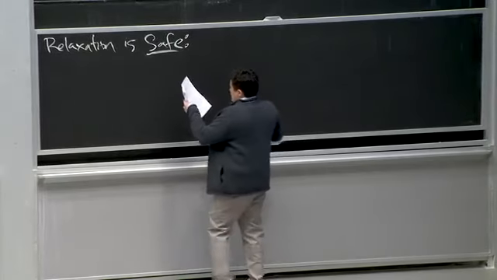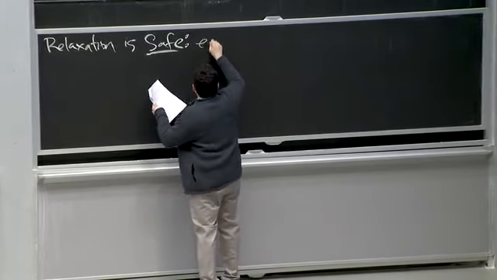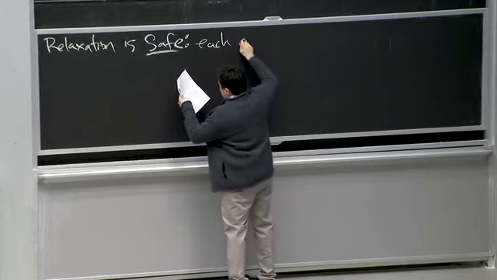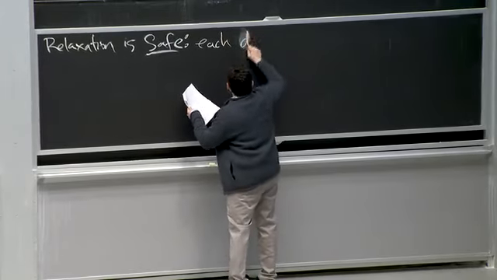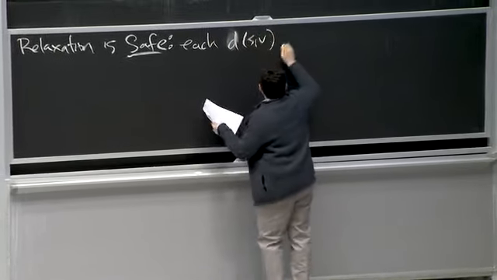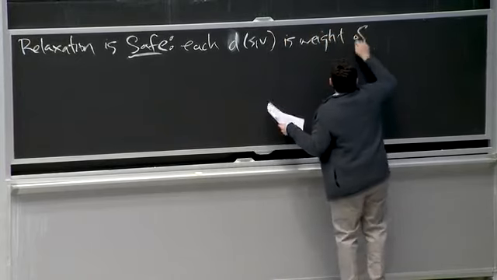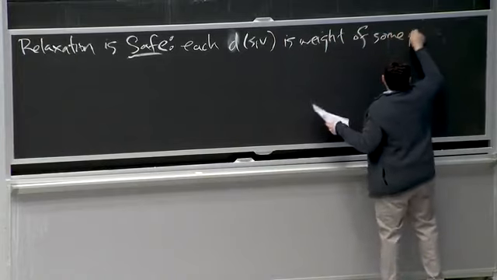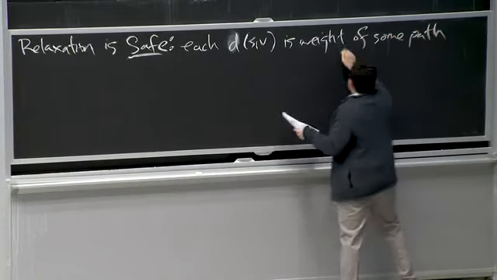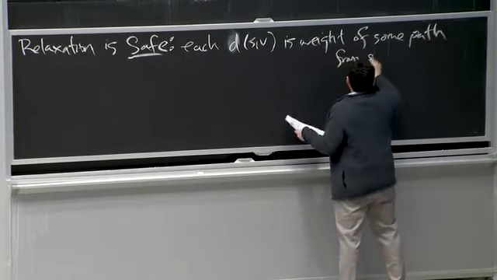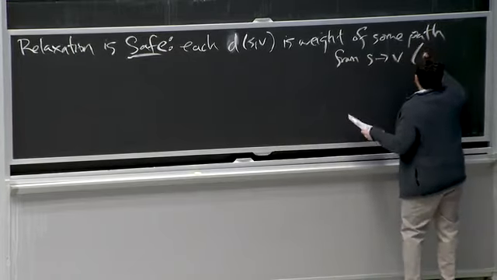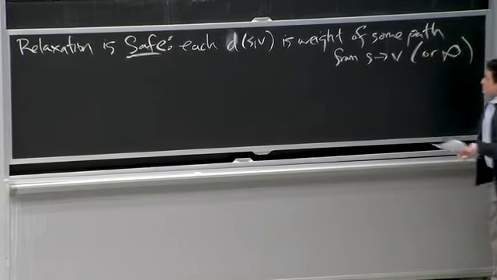Each distance estimate, d of S V, is the weight of some path from S to V or infinite.